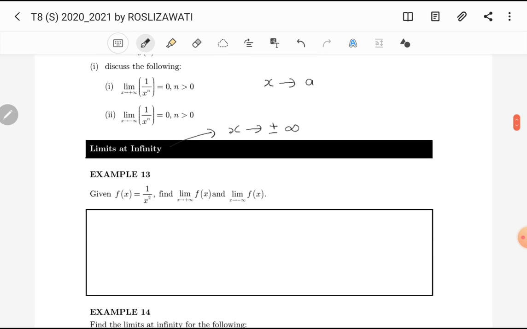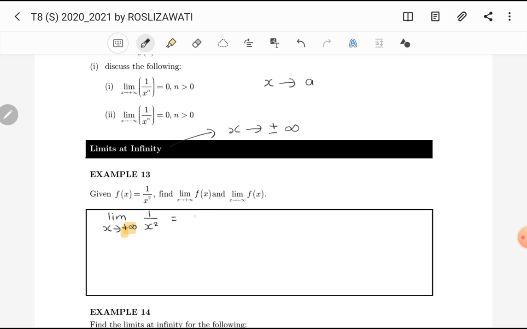So we go to example number 13. We have limit f(x) as x approaches positive infinity. So limit f(x) is 1 over x squared as x approaches positive infinity first. So as usual, to find the limit, we need to substitute the number into the function.